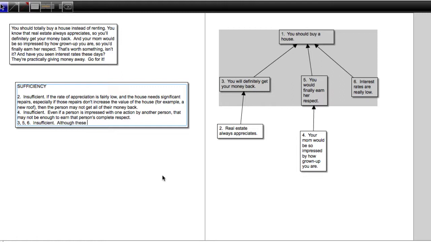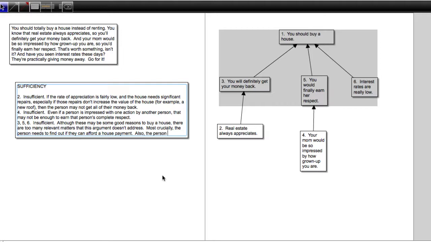Although these may be some good reasons to buy a house, there are too many relevant matters that this argument doesn't address. Most crucially, the person needs to find out if they can afford a house payment.